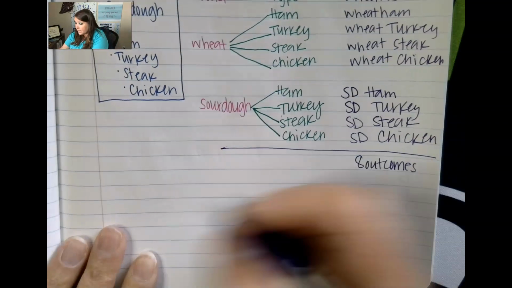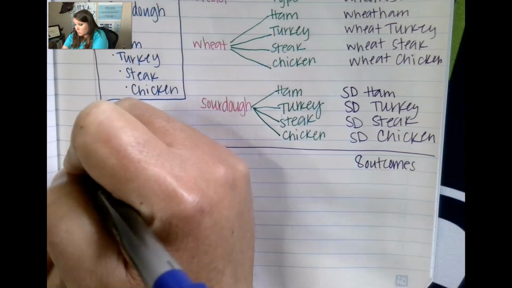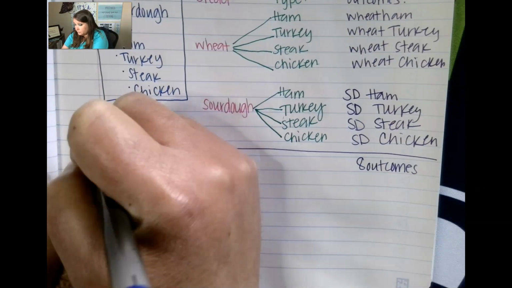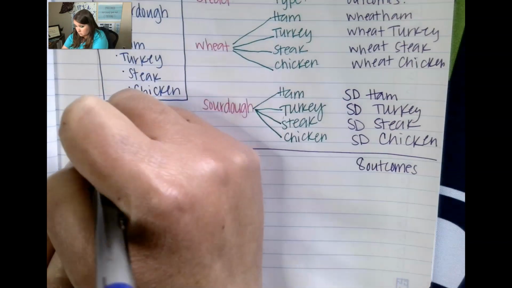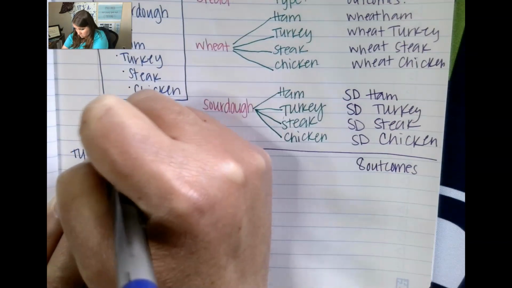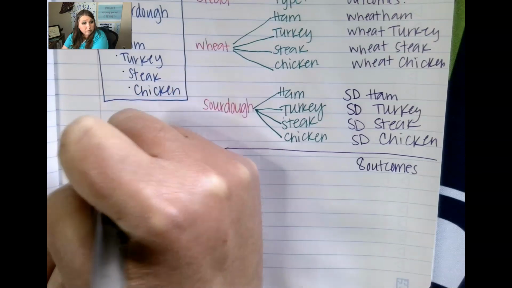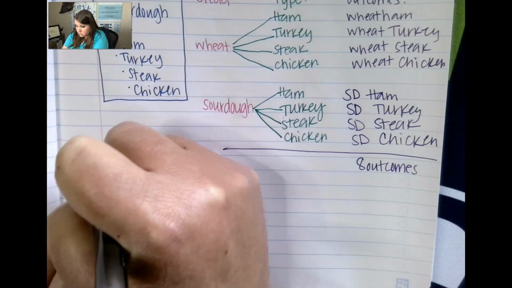So let's make a list. The type of filling can be beef or chicken.